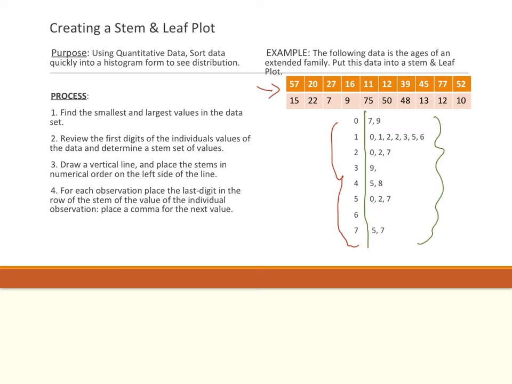And so we can see that the first ages, 7 and 9, are at the very beginning. And at the end there are family members that are 75 and 77. The majority of the ages for this family are right here, between the ages of 10 and 16.